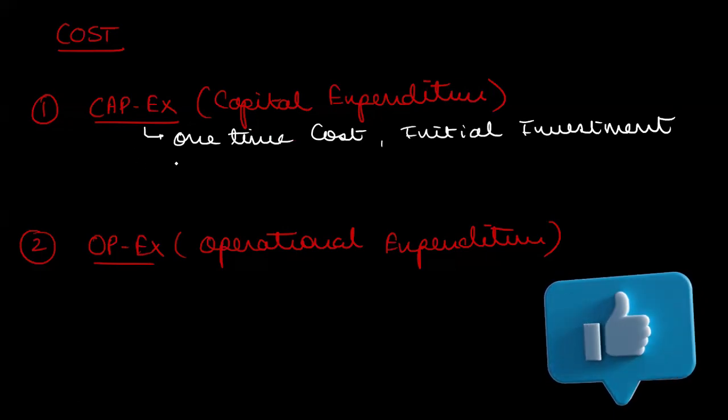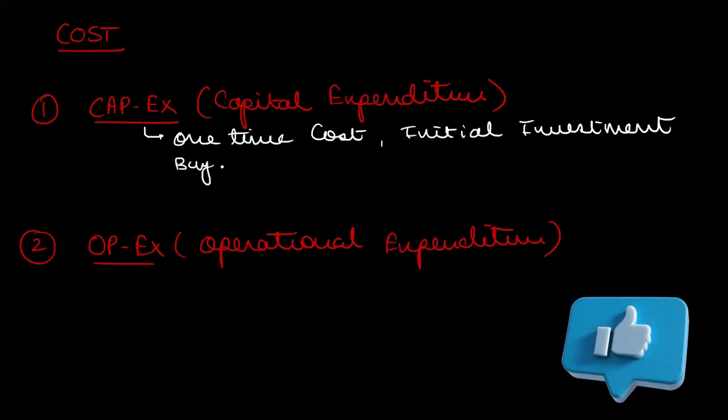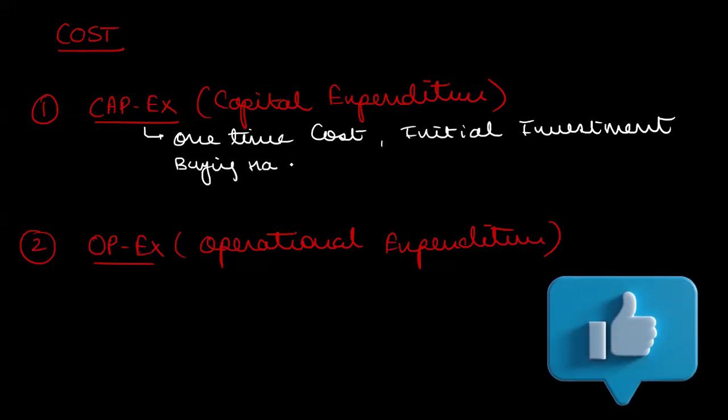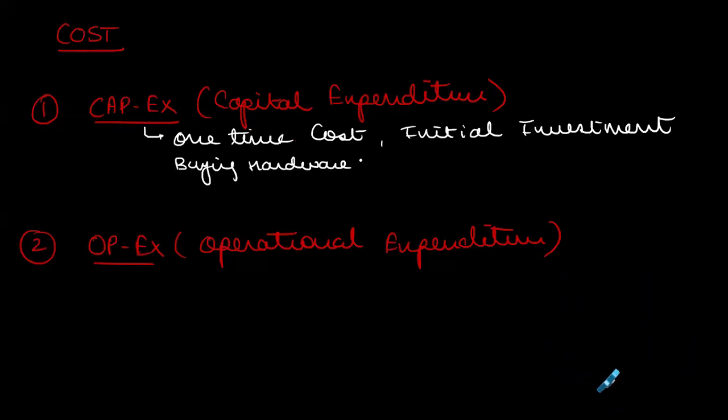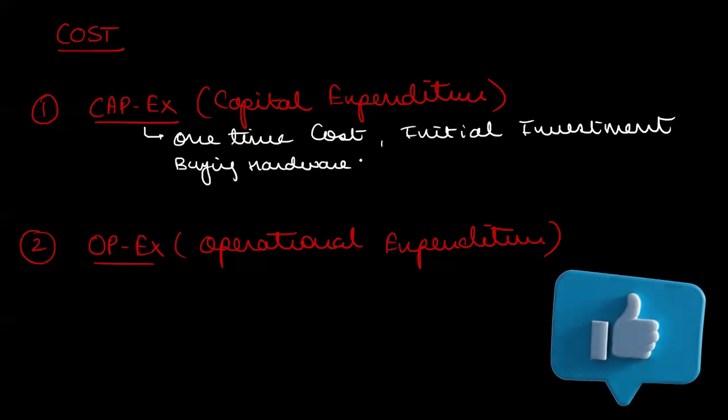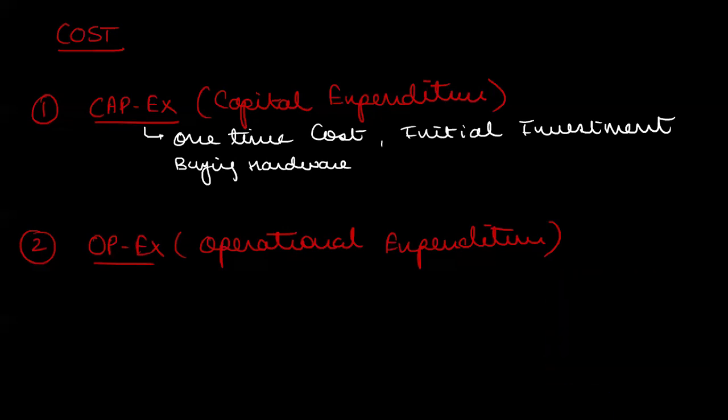For example, buying hardware. Now, once I have bought the hardware, I do not have to buy it again and again, correct? If I bought the servers, they will stay and I'm going to utilize those servers. So the cost for CapEx is not going to recur, right? So it's a one-time investment cost, it's a capital cost, right?